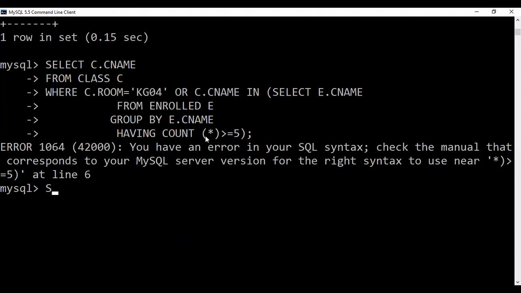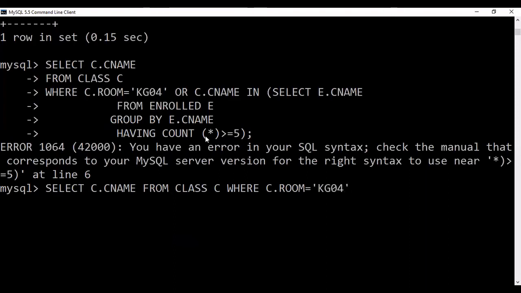So select C.CNAME from class, alias name C, where C.room, the first condition, is equal to KG4.